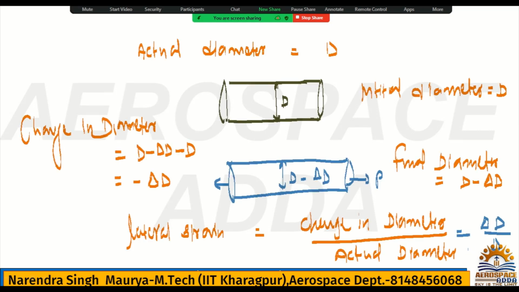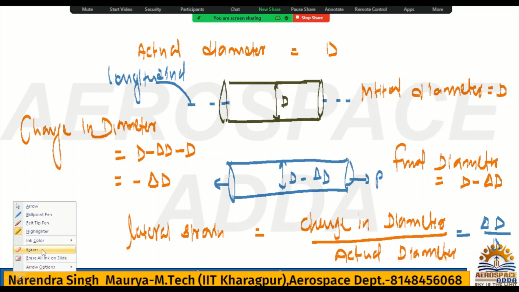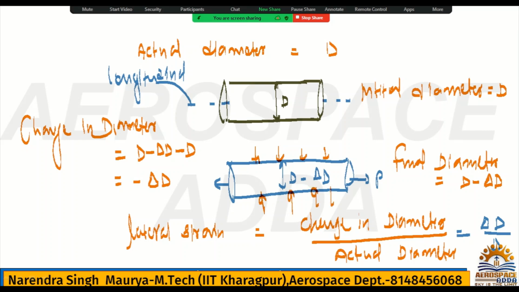Because you are applying the load longitudinally, this is the longitudinal axis. Perpendicular to the longitudinal axis, we have the lateral axis, sometimes called transverse.